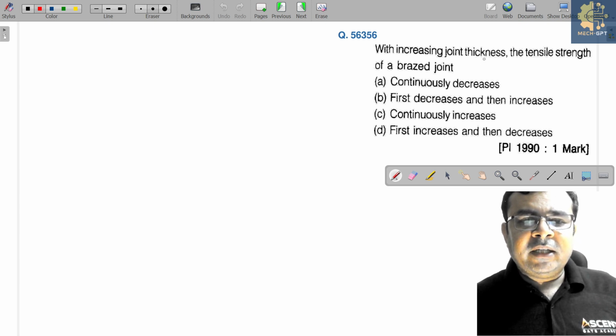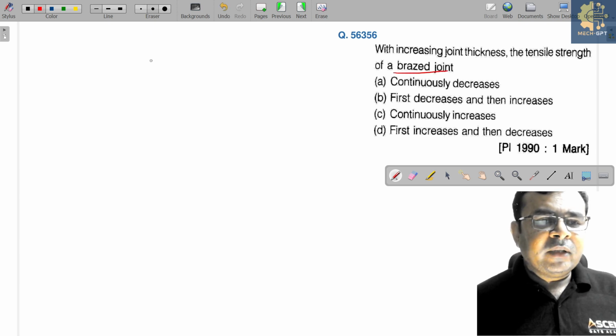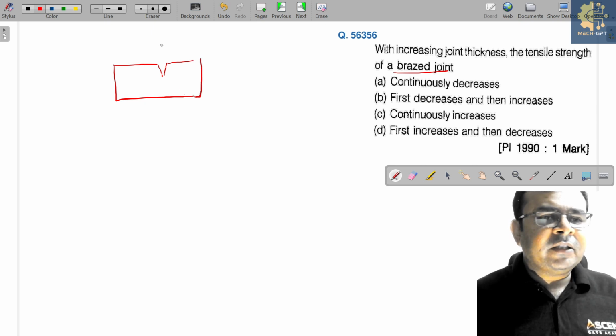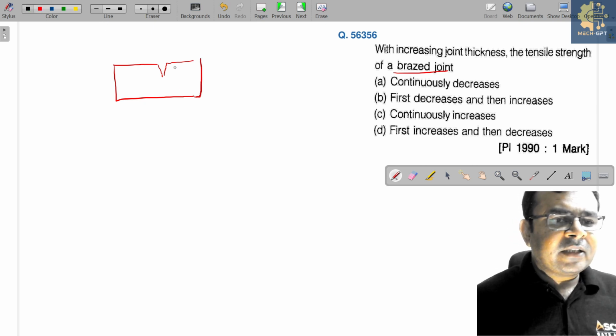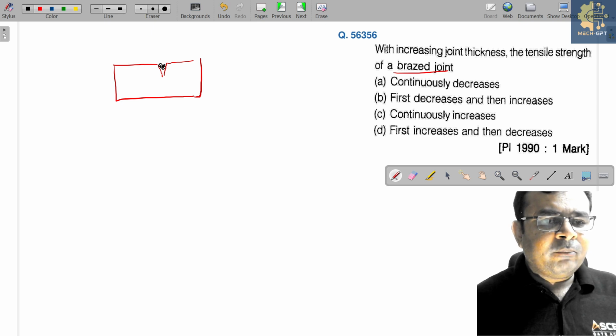Okay, let's see another question. What increases with joint thickness, the tensile strength of a brazed joint? So you can see in brazing, if this is a crack, when you perform brazing, we fill this crack with the molten metal.